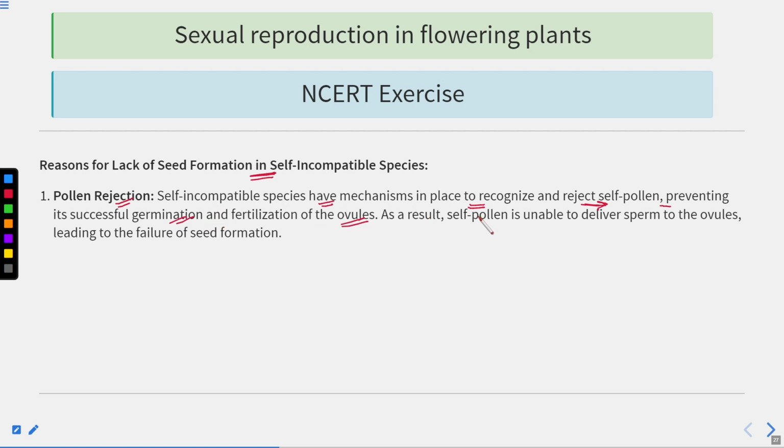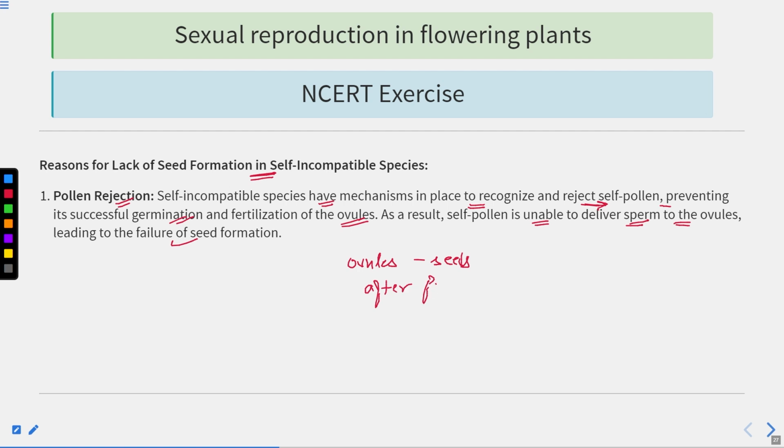As a result, self-pollen is unable to deliver the sperm, the male gamete, to the ovules, leading to the failure of seed formation. So pollen is rejected, it becomes incompatible. That leads to the failure of seed formation because, you know, the ovules develop into the seeds after fertilization.